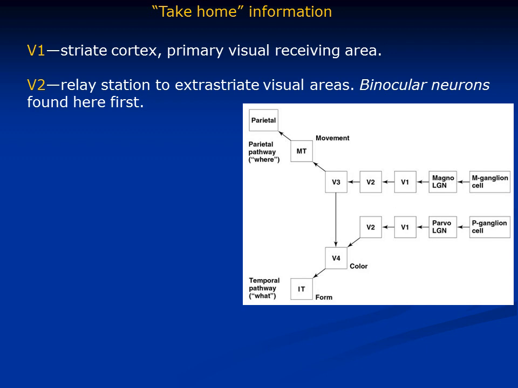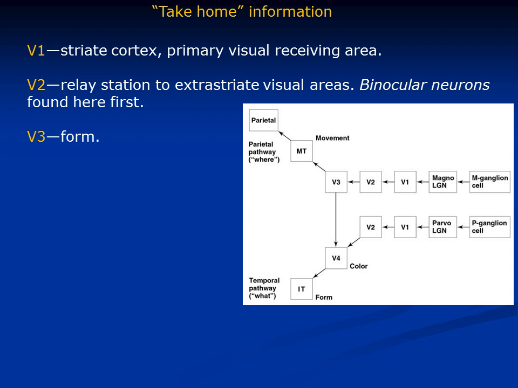So if you've got something in your left visual field, for instance, it's seen, so to speak, by both retinas. Those cells fire together to represent that thing from both the right eye and the left eye, so both eyes, binocular. Those kinds of cells are found in V2, and they're found there first. So we get stereo vision starting here in V2.